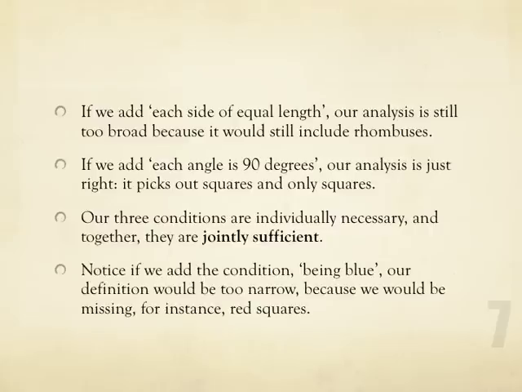Also notice if we kept on going, if we added the condition of being blue, we still would be problematic because the definition is too narrow, right? We would have all the blue squares, but we would be missing out on the red ones. So in that case, our definition would be too narrow.